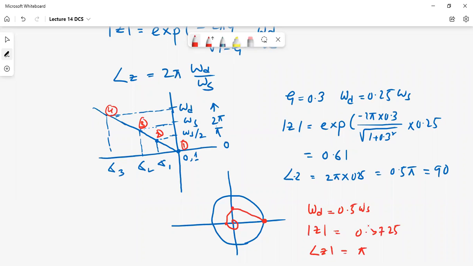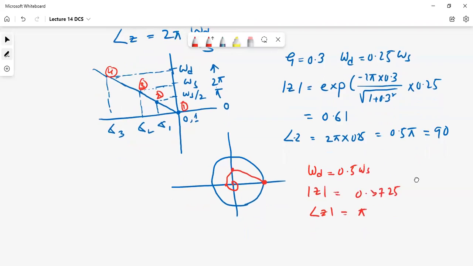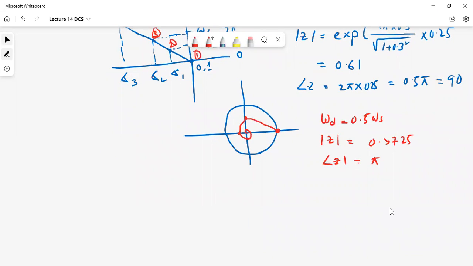Okay, so next thing is, this is for a particular value of zeta. Now, what will happen if you change the zeta values, and how will the shape change? For different values, you have to experiment, and eventually you will see that zeta equal to 0 is the unit circle itself, and zeta equal to 1 is this particular one. So here you are going to get zeta equal to 1.